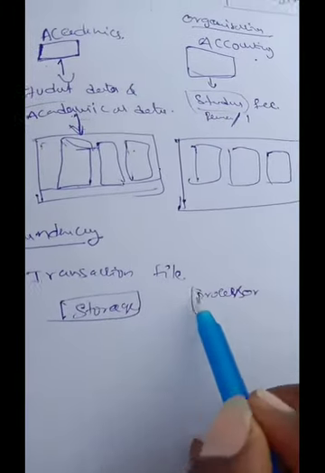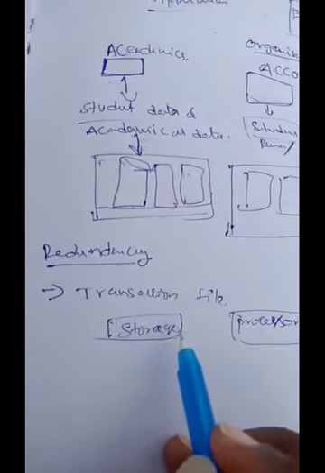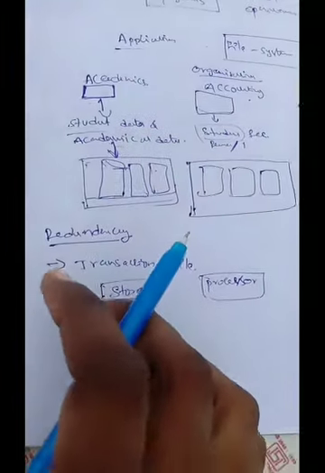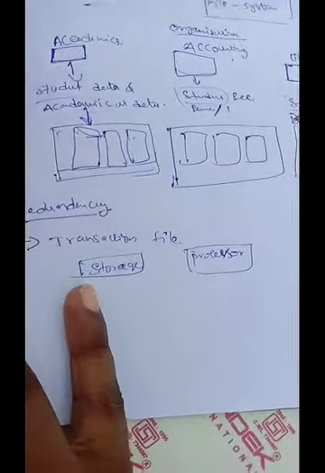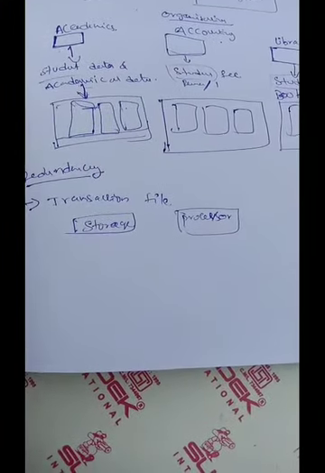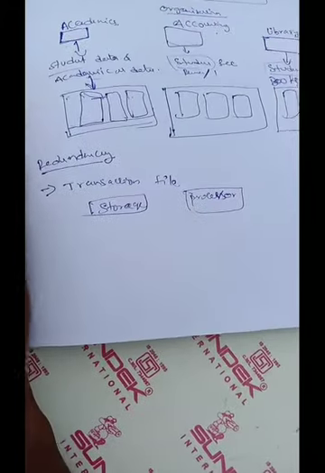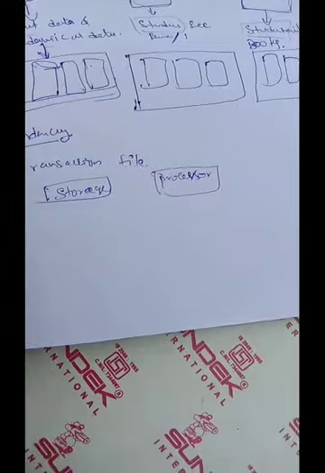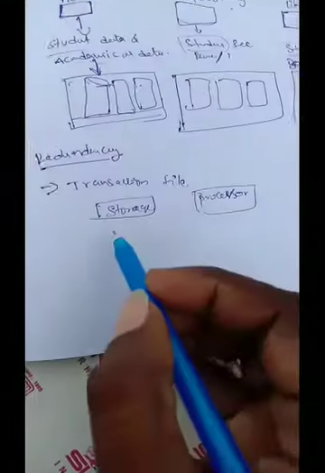So they need some file for that, and that is the transaction file. The transaction file makes temporary storage of the file and performs the operations, and if any operations are done, they are reflected in the final storage file.